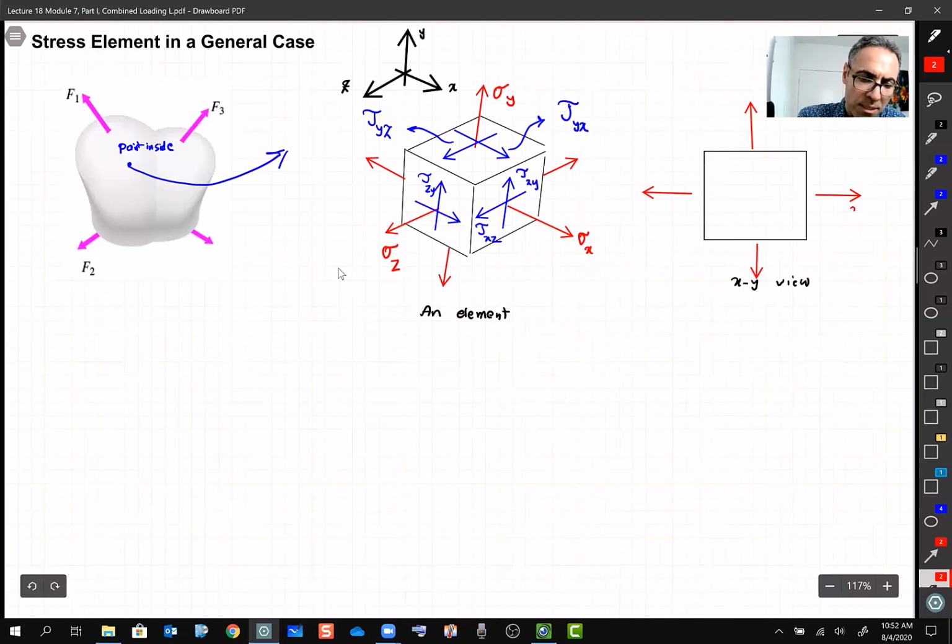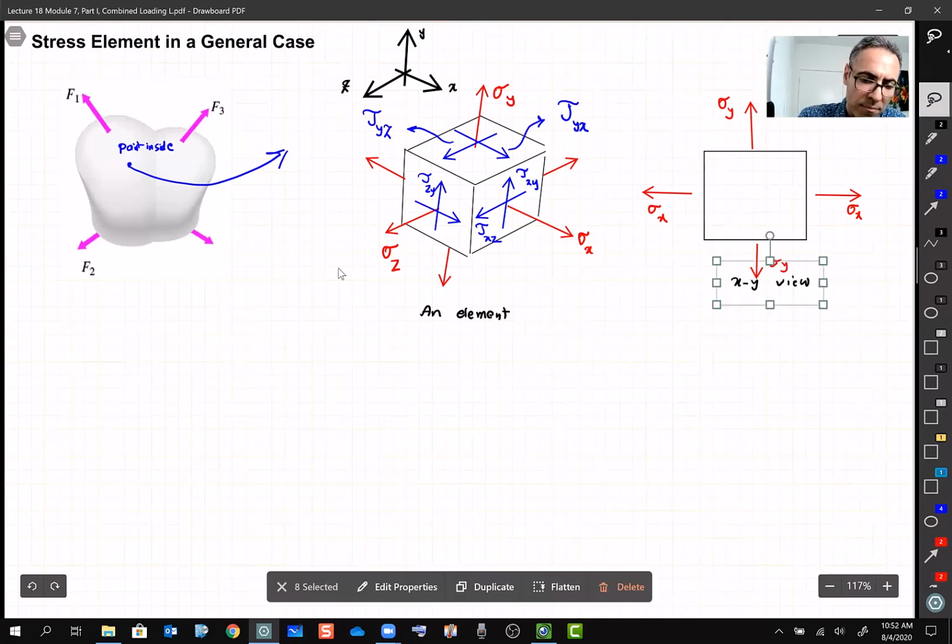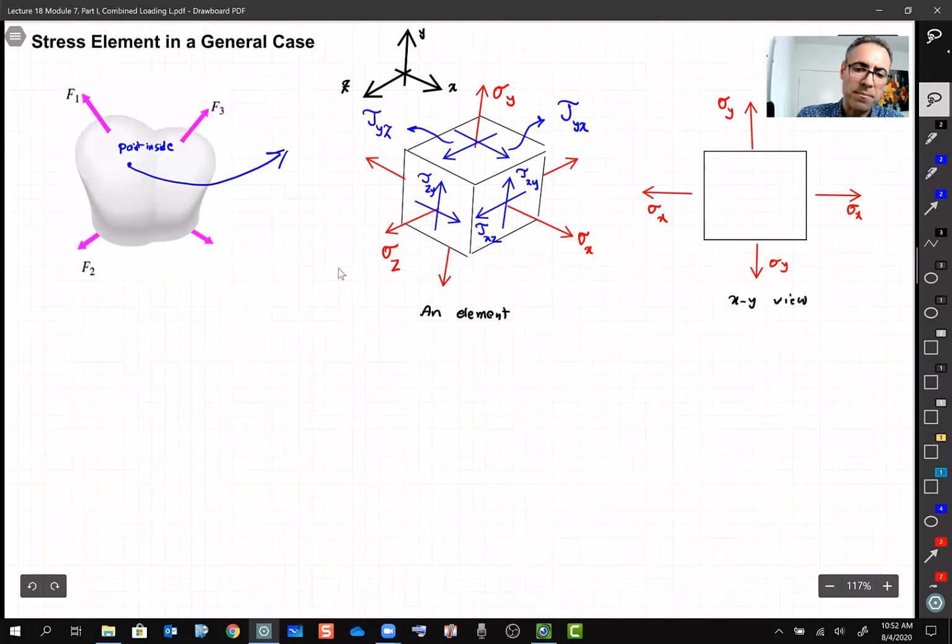So this is sigma x, it has to be sigma x. This is sigma y, this one has to be sigma y. Okay. And this one we agree that probably we have a tau xy here.